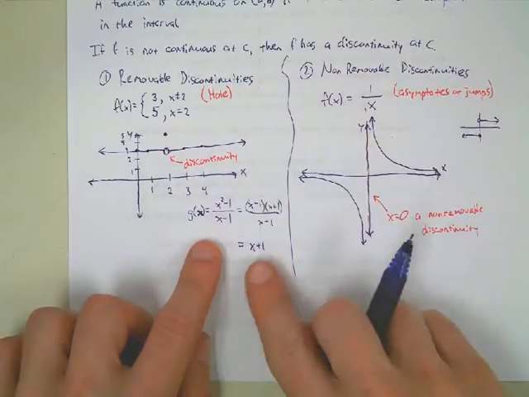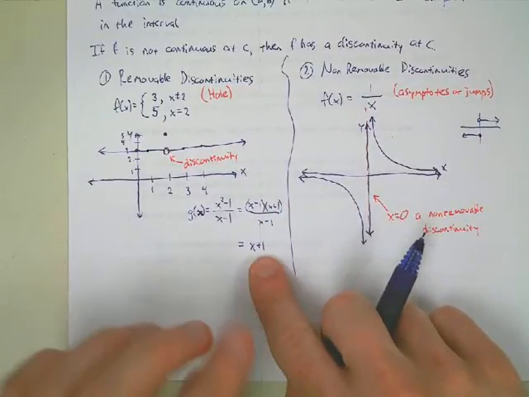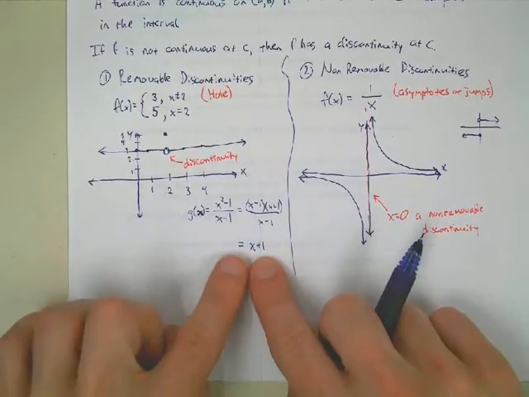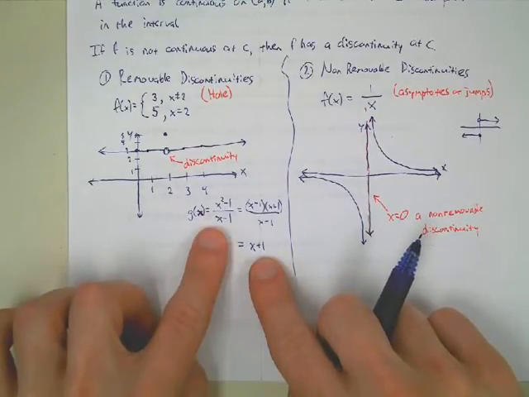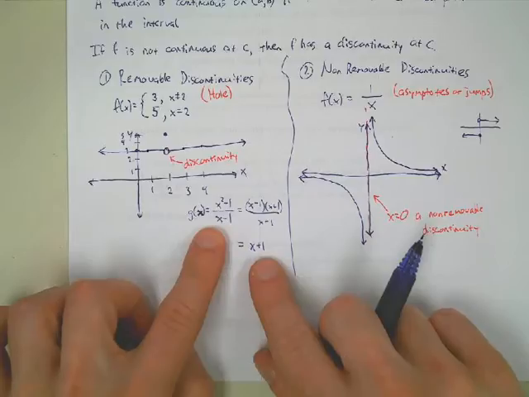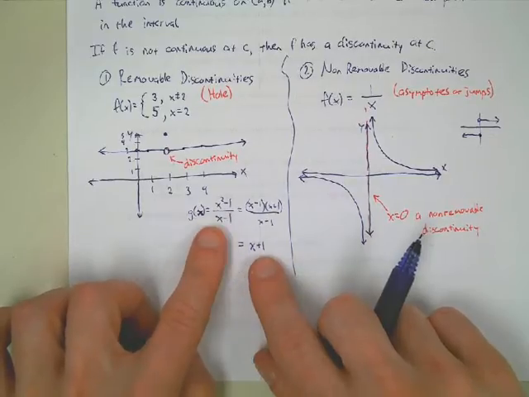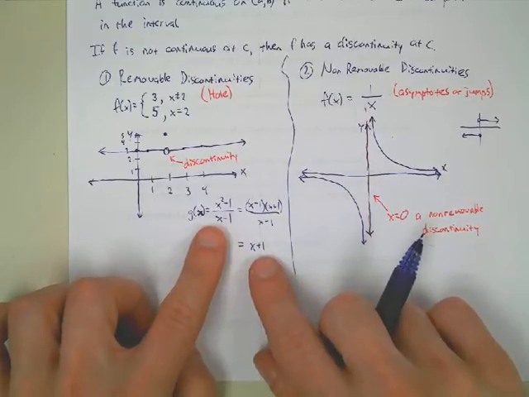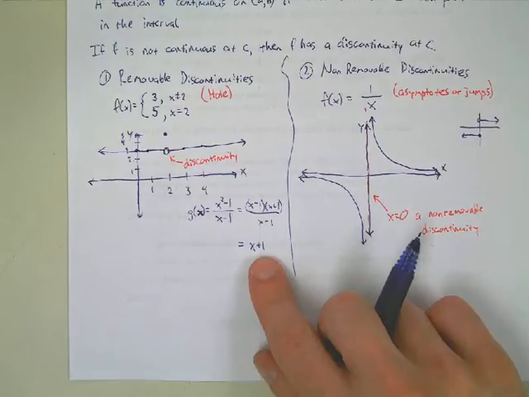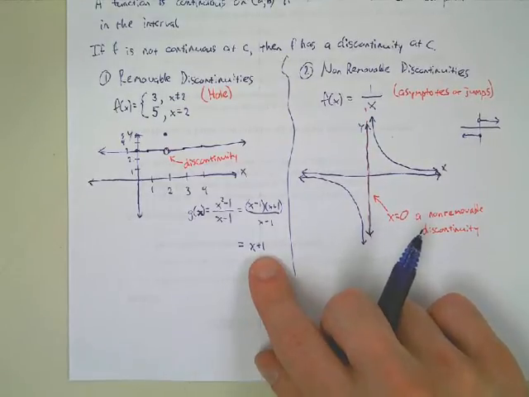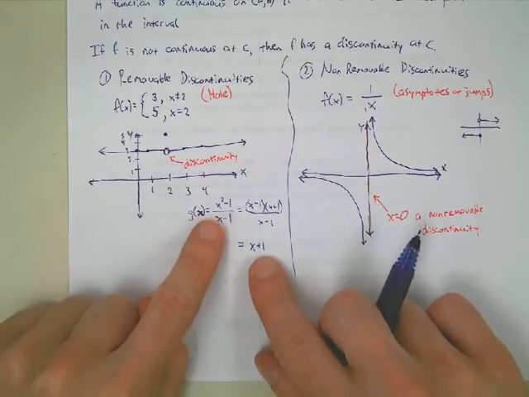Now granted, I did a little bit of fuzzy math here by saying that x plus 1 is the exact same thing as x squared minus 1 over x minus 1. These two things are not equal as we really should understand equal, the exact same thing. This original function has a discontinuity or a domain restriction at x equals 1.